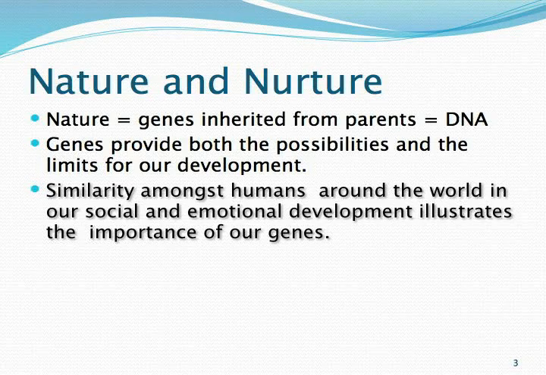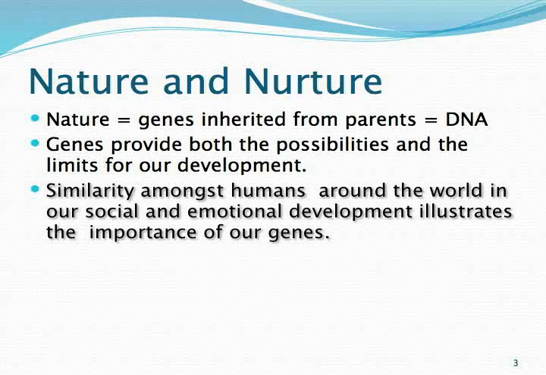Even more, we can usually understand why another person is displaying a particular emotion, because we human beings are so similar that we realize that we would be feeling similarly if we were in their shoes. So it is our genes that are largely responsible for the tremendous amount of similarity that we see in emotional and social development across human beings.